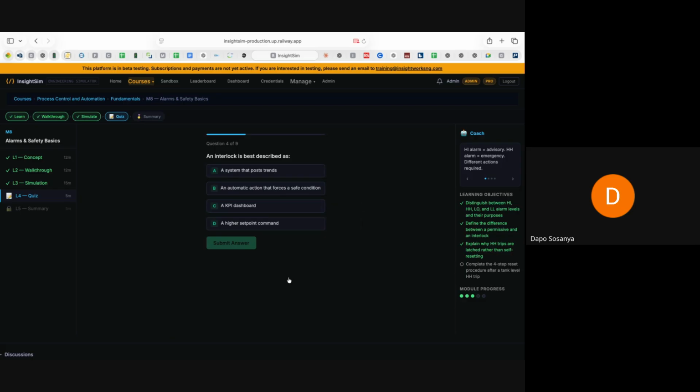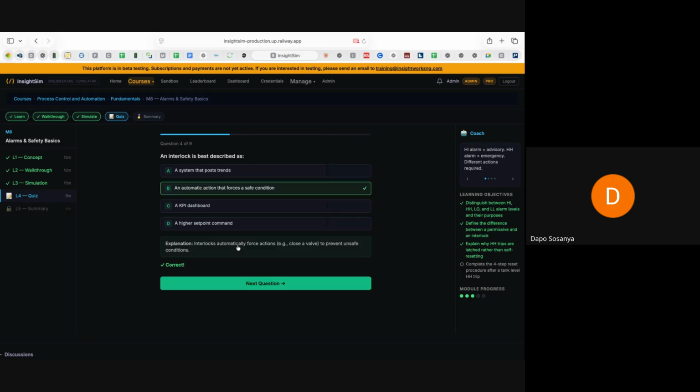So an interlock is best described as, the answer is B, a system that blocks and triggers automatic action that forces a safe condition, right?